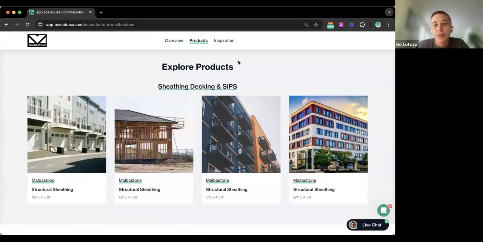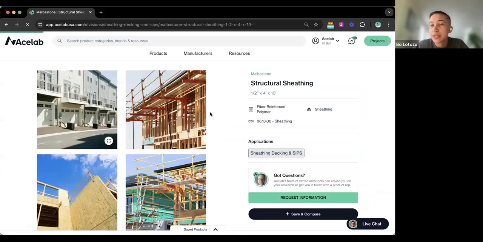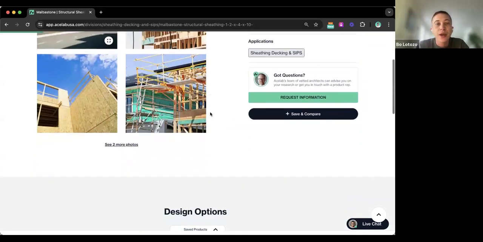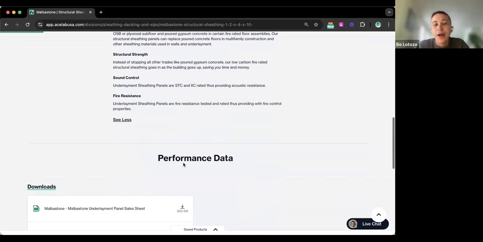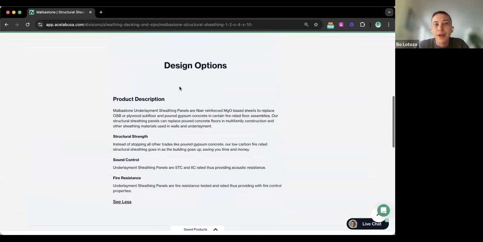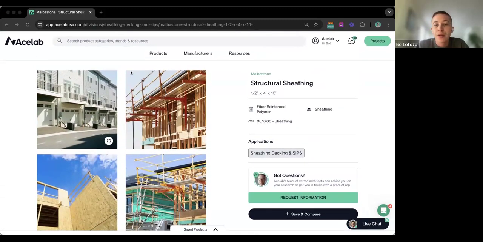You can also open any of these products to view more information, access downloads, and save them to comparison tables so you can easily compare them to other products. This is a great place to come for more information after today's webinar. Grab some product downloads if you want to store them in your library. That link is in the chat for anybody who needs it.